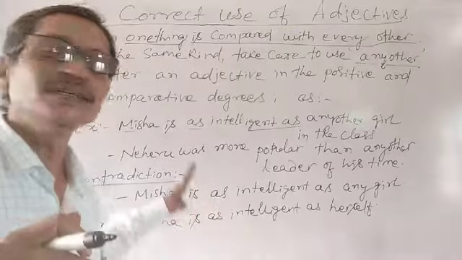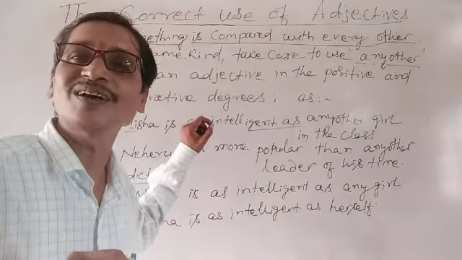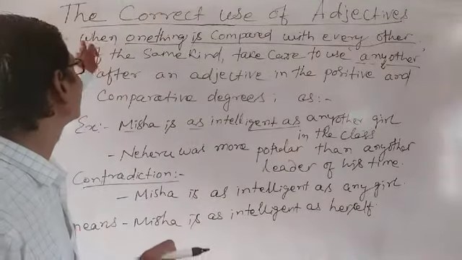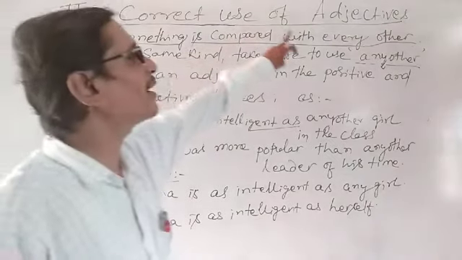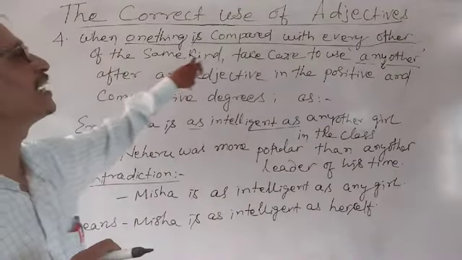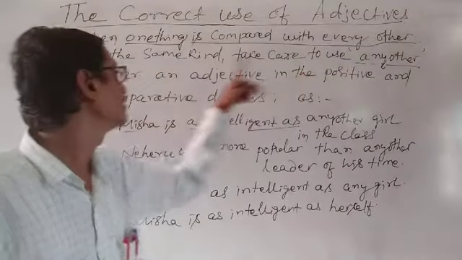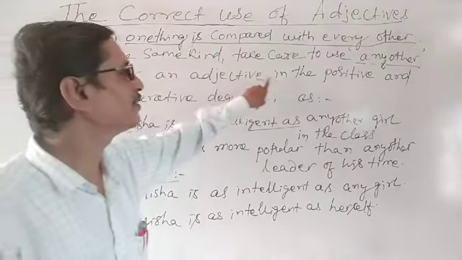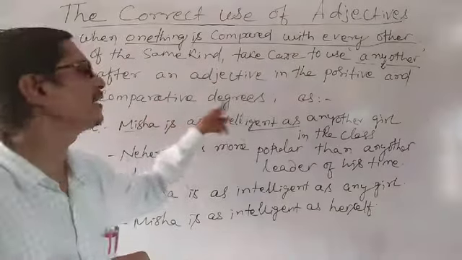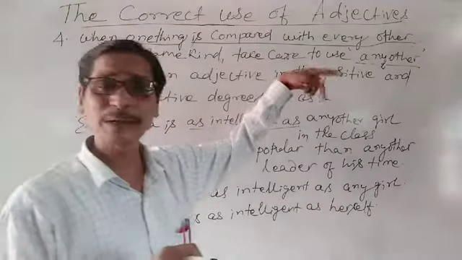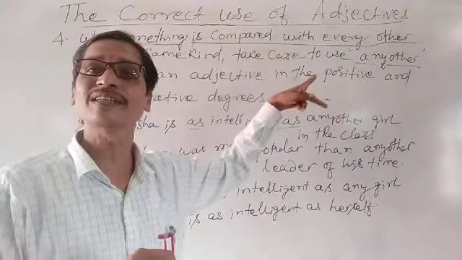You see, I did a little mistake over there in writing. See, when one thing is compared with every other of the same kind, take care to use "any other" after an adjective in the positive and comparative degrees. So, previously I told you "every other", but it was wrong.